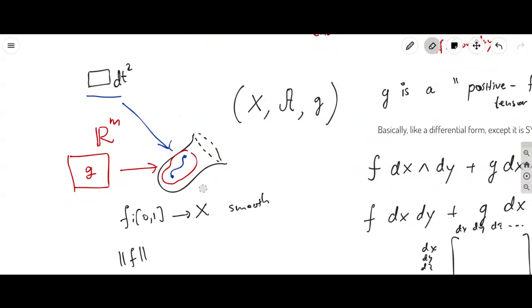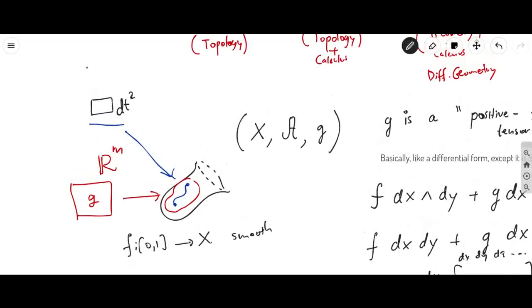But to find the length, you use the Pythagorean theorem. It's the sum of squares. So you would then take the integral from 0 to 1 of the square root of whatever that is, dt. That's why you want it to be positive definite, because you want to make sure that the functions you're getting are positive, so you can integrate all of that. So that's basically how this whole thing works.